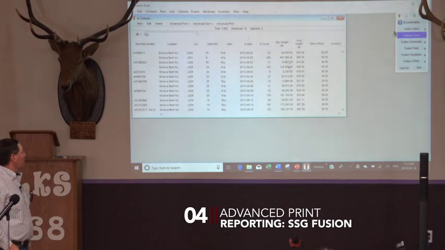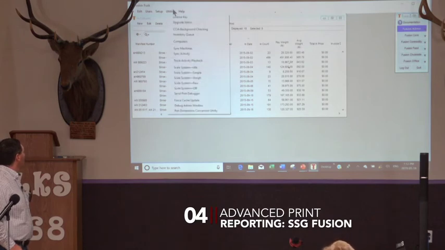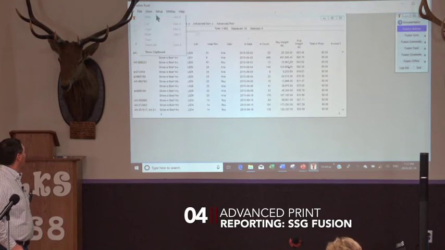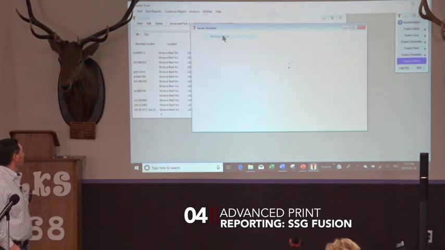Okay, so if you want to create your own variable, I just have to remember where it is. So under utilities, in Fusion Office, utilities, and then you can go to saved variables.